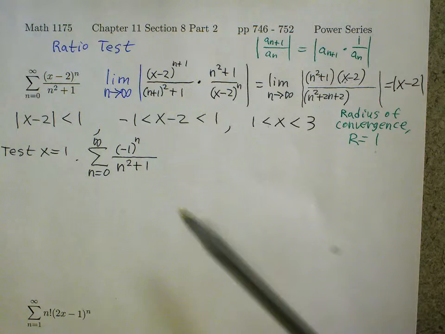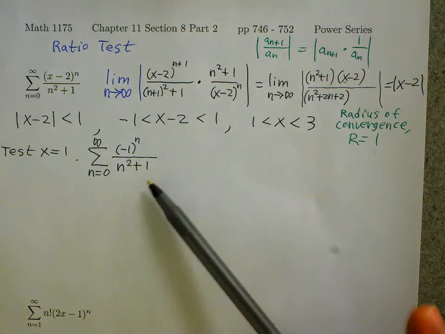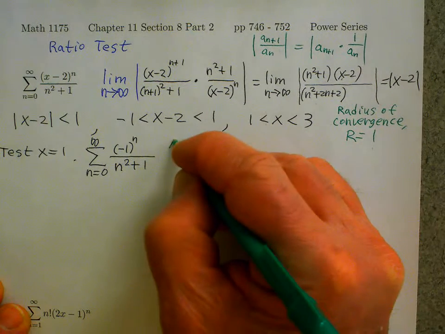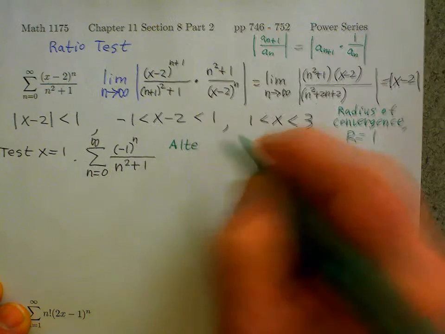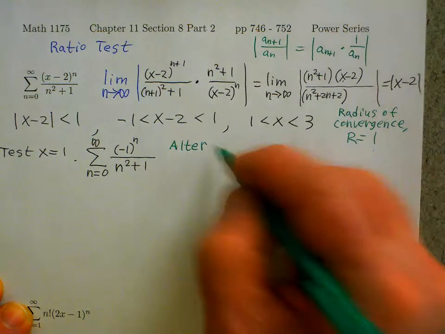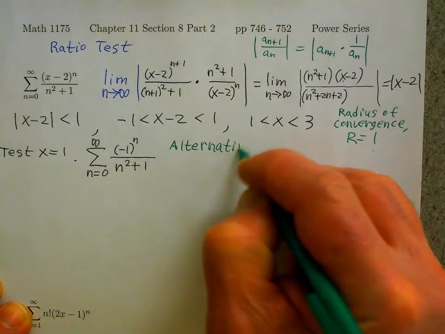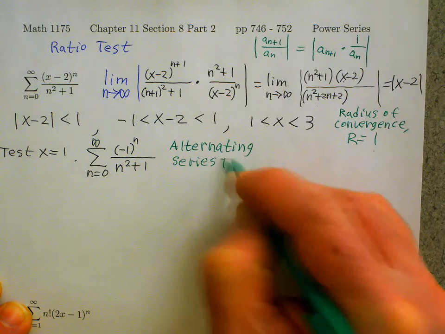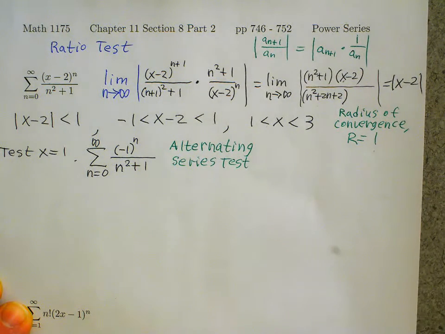So we pretty much know what's going to happen if we use the alternating series test. We know whether or not both conditions are satisfied just by looking, don't we? Both conditions are satisfied.